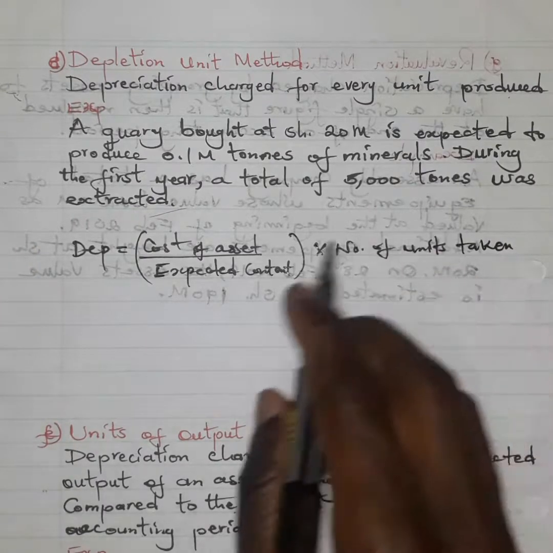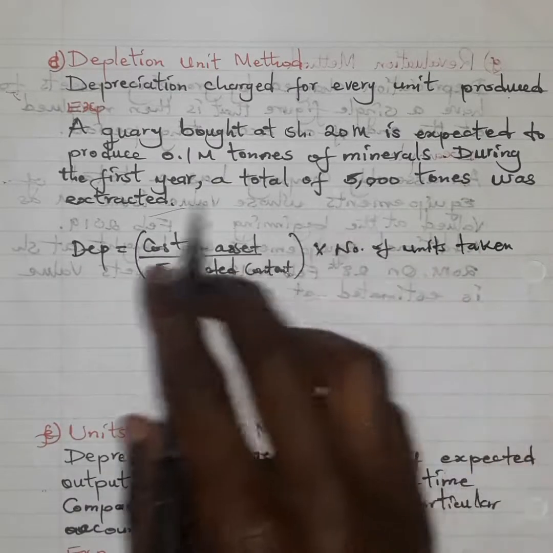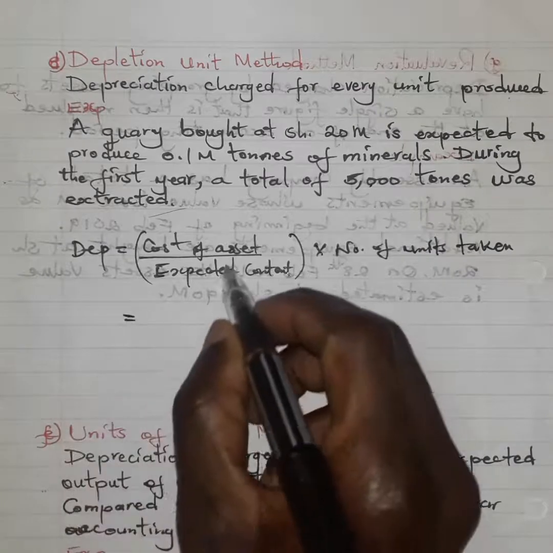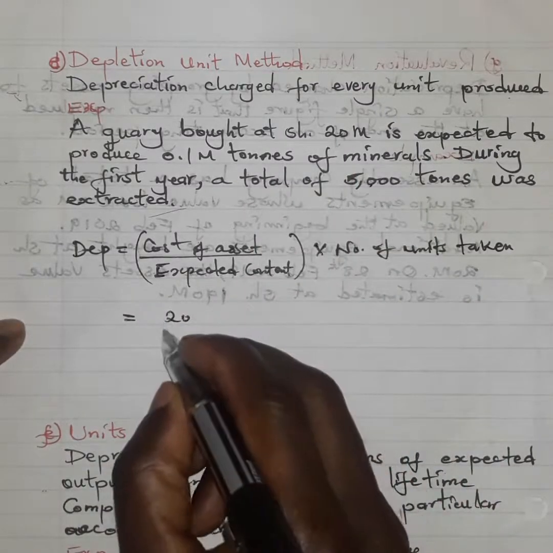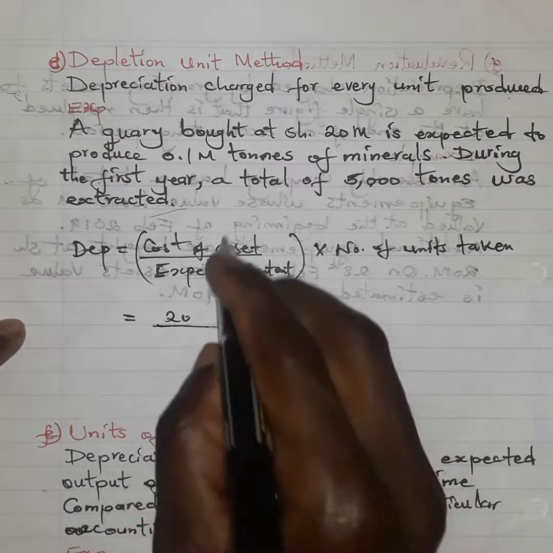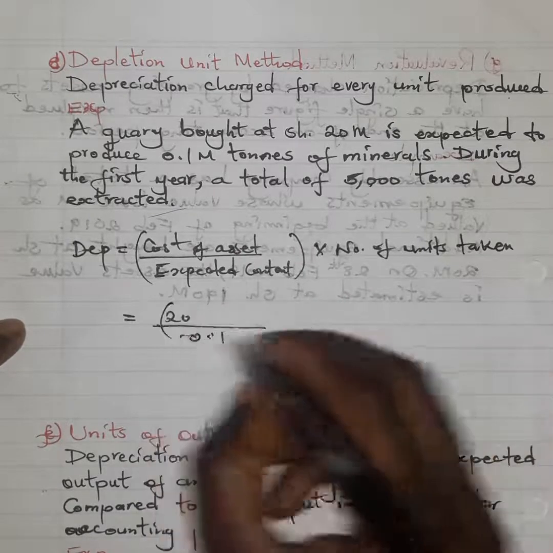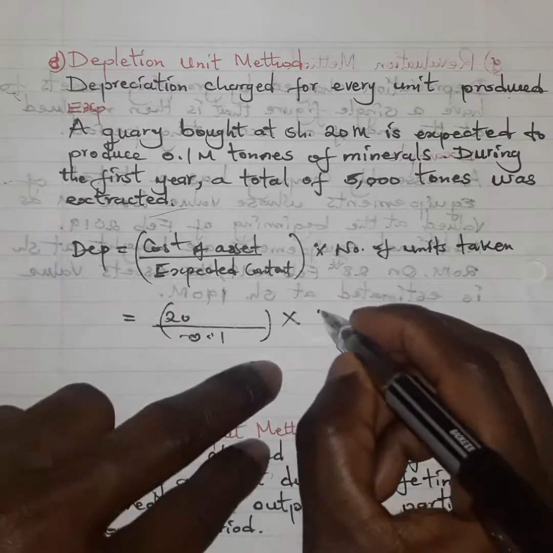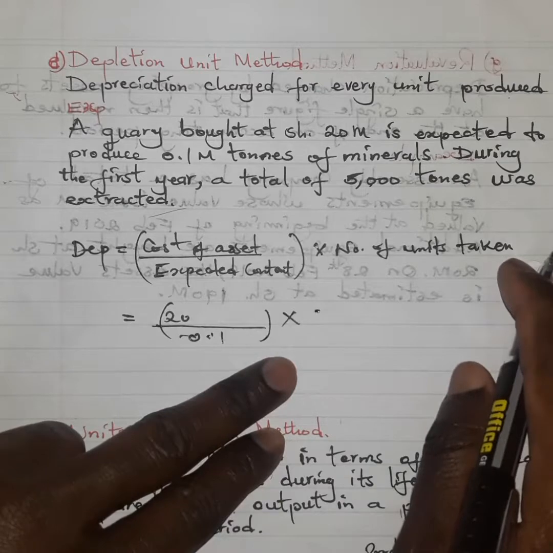And in this case, 5,000 tons were extracted. So it's supposed to be the cost of the item, which is 20 million, divided by 0.1, what was expected, times what was actually extracted, which is 5,000 tons.